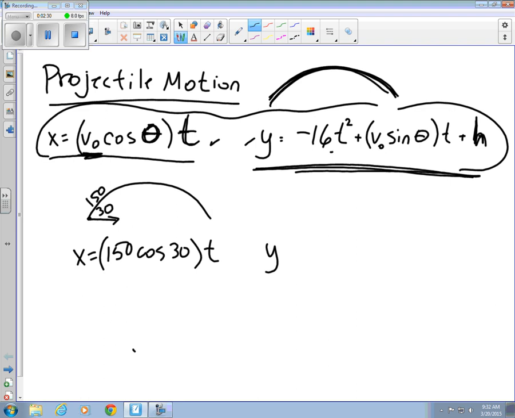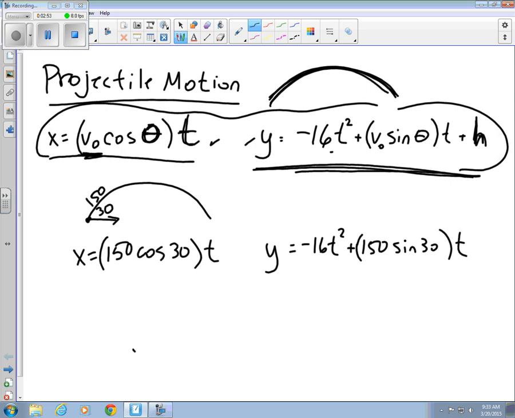Easy. y equals -16t squared plus 150 sine 30 times t plus h. We're assuming that Blake is hitting this golf ball off the ground. If he is hitting it from up in the air, that is some serious talent, but I don't think he's doing that. So that is part A with the parametric equations.